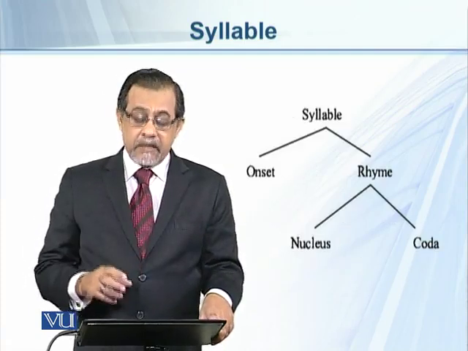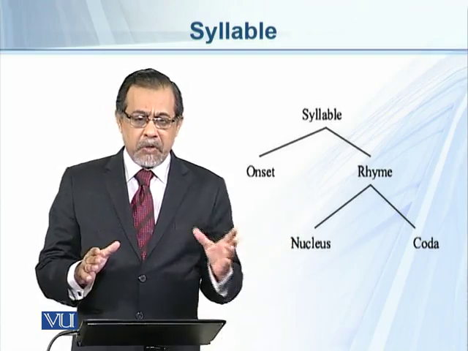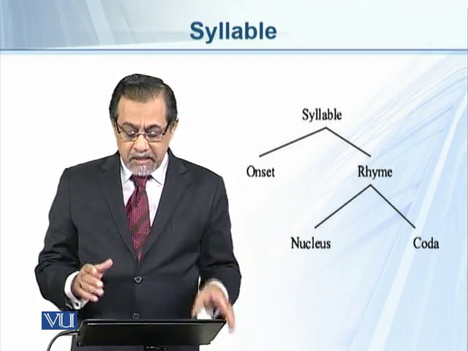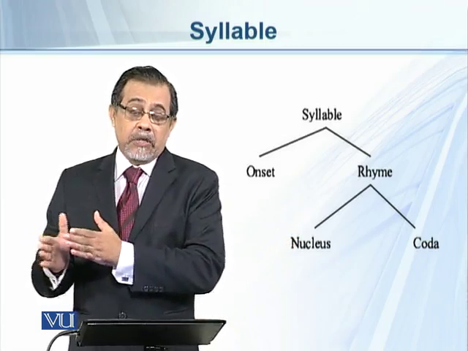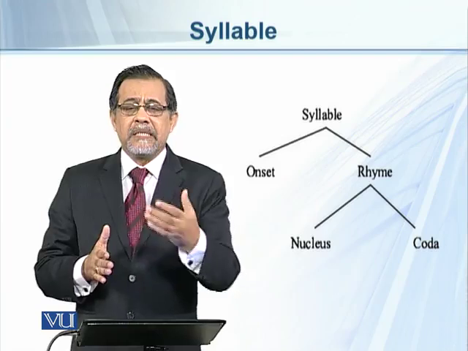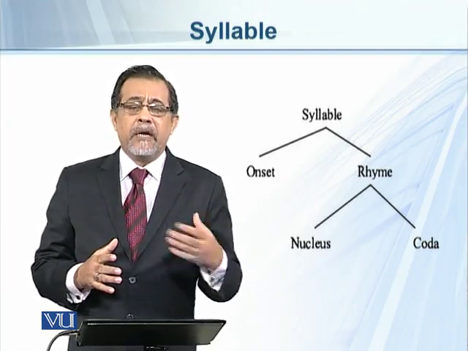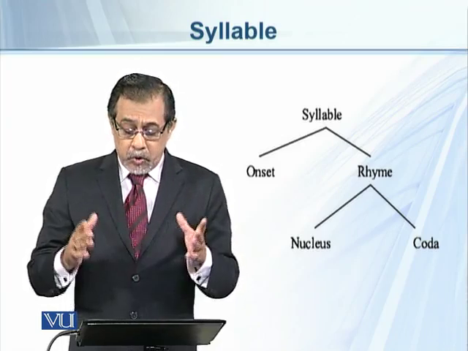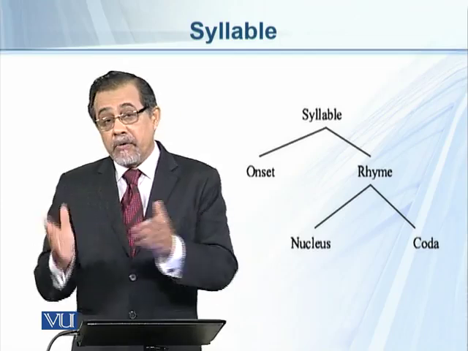So if we look at the structure of the syllable, we find that the first consonant is called the onset, then the vowel and the final consonant, we call them the rhyme, because syllables are a very important factor for the rhythm of language. So the rhyme consists of nucleus and coda.